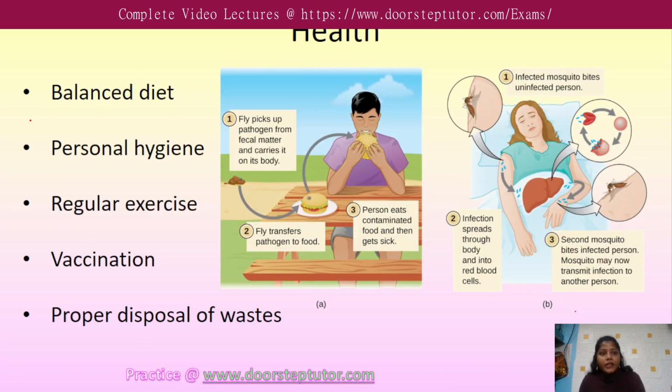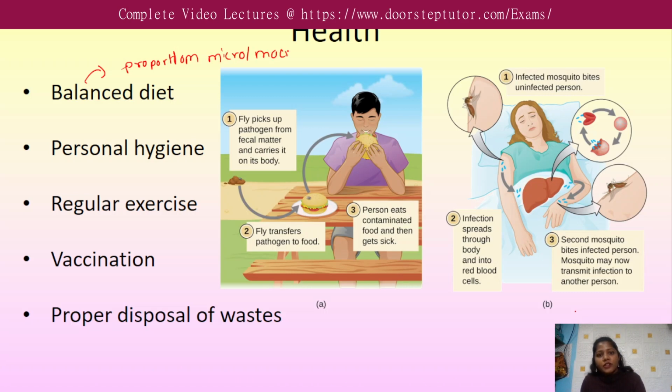Good health will be maintained by a balanced diet, which is the appropriate proportion of micro and macronutrients, amino acids, vitamins, carbs, lipids and proteins, etc. When we take all these in proper proportion, we can maintain good health.